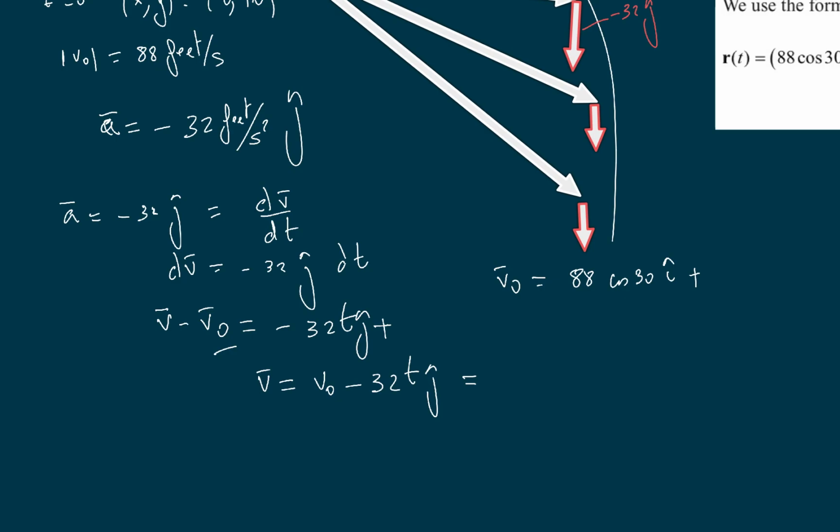So what I'm doing is decomposing the velocity vector v0, which has magnitude 88, into two vectors: one with magnitude 88 cosine of 30, and the other with magnitude 88 sine of 30. The sum of the two vectors is the initial vector v0. So v0 is 88 cosine of 30 i plus 88 sine of 30 j.